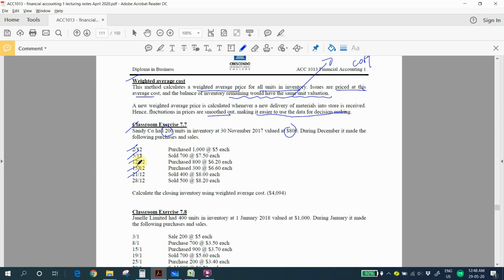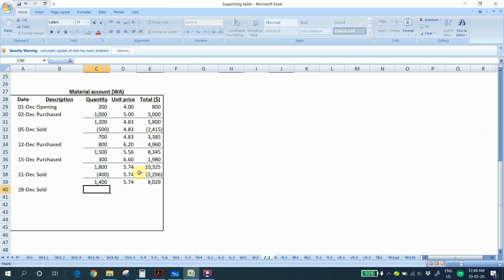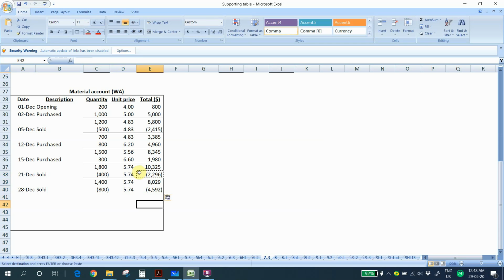Next, on 28th, which is the last transaction, we sold 500 units. We put a negative amount for the sold item. What is the cost? We use the immediate weighted average price. And what is the value? 4,592. I think I have some mistake here.